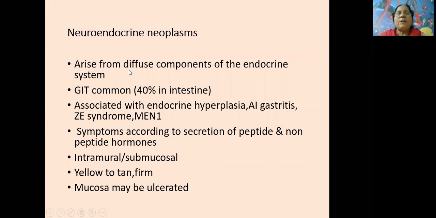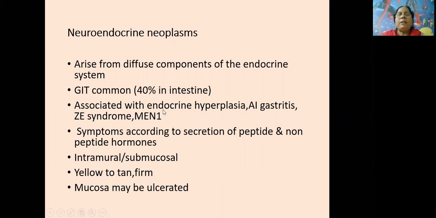Next is neuroendocrine neoplasms. These arise from the diffuse endocrine system; endocrine cells are present throughout the body, and from these small components neuroendocrine neoplasms arise. The GI tract is the common site, and most occur in the intestine, but it can happen in the stomach also.